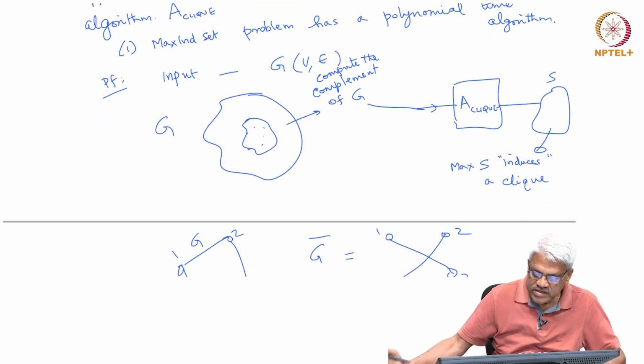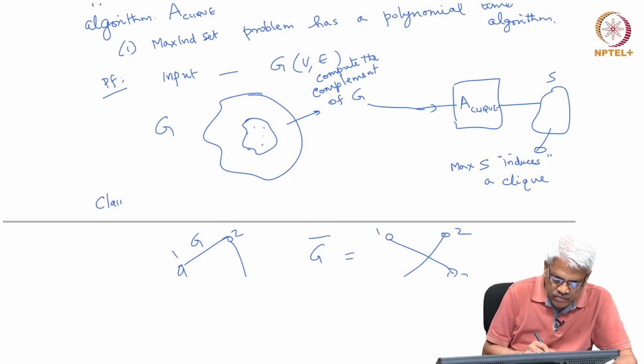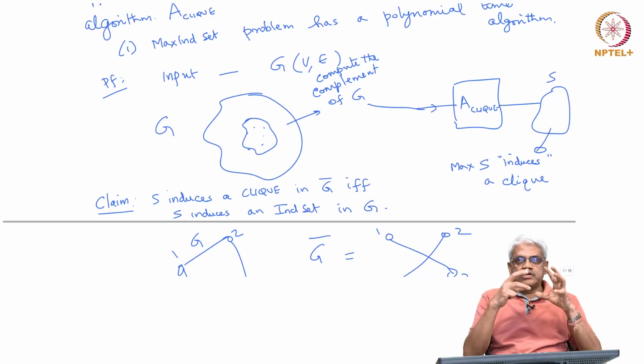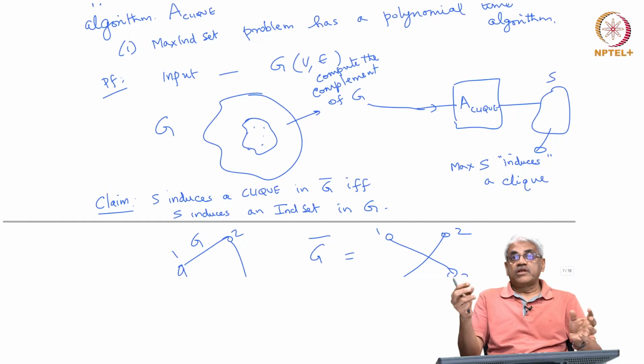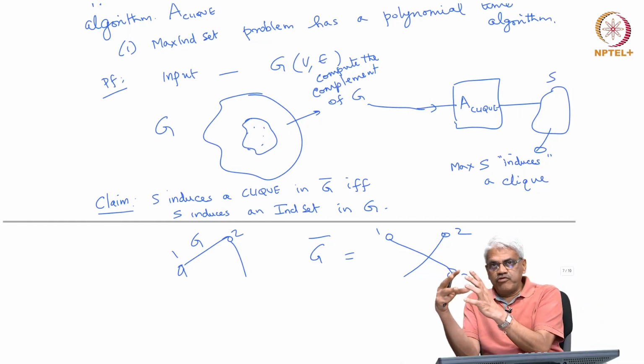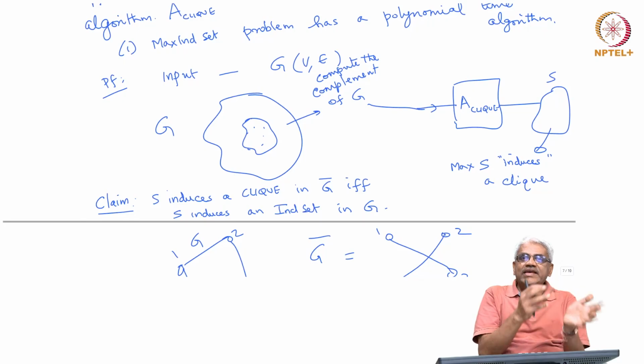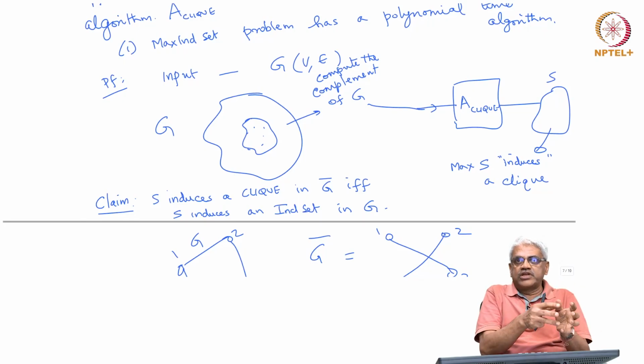Now, a very easy claim is that S induces a clique in G complement if and only if S induces an independent set in G. By the definition of the complement, if there is an edge between every pair of vertices of S in the complement graph, then in the original graph there will not be any edge at all between any pair of vertices of S. So that will induce an independent set.